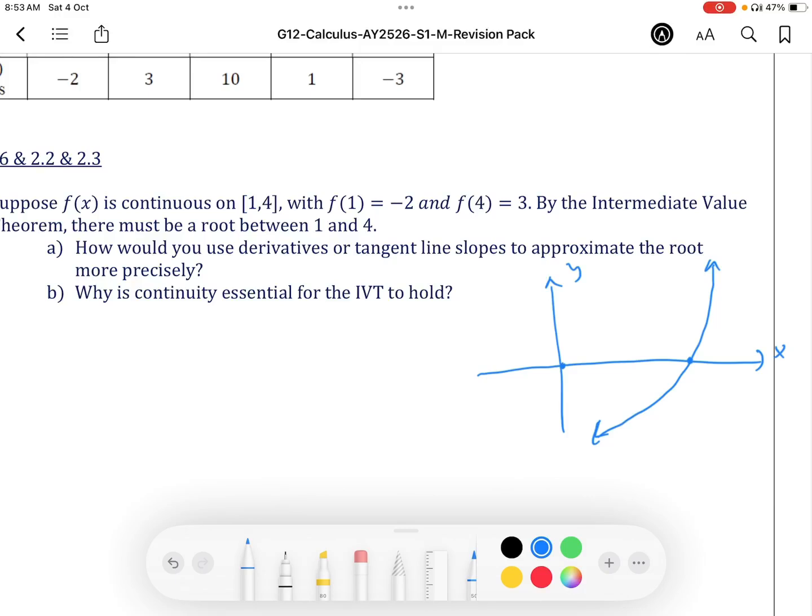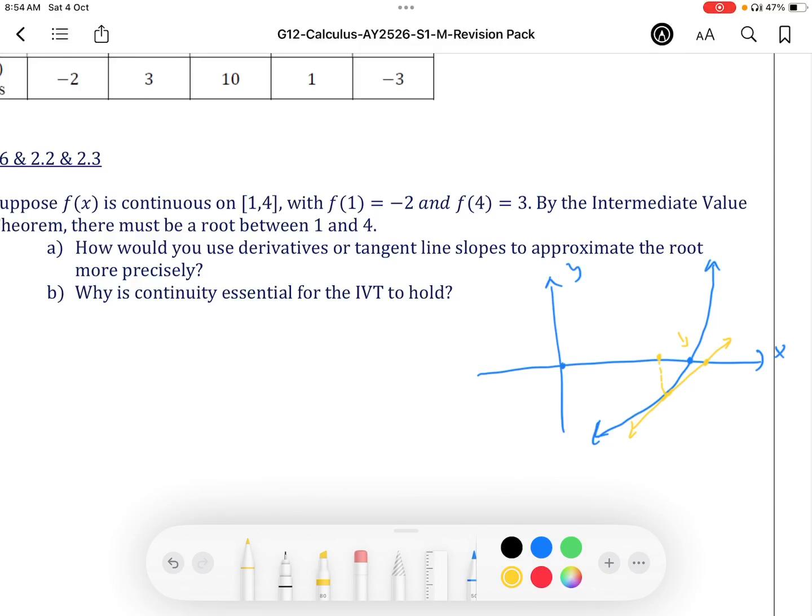So what we do is, we take a value of x close to the real root, and then we draw the tangent at this point. The tangent cuts the x-axis at a certain point. This point is supposed to be close to the real root.